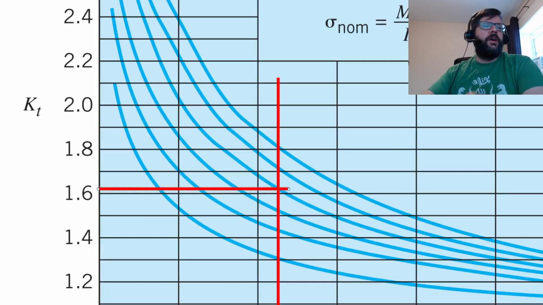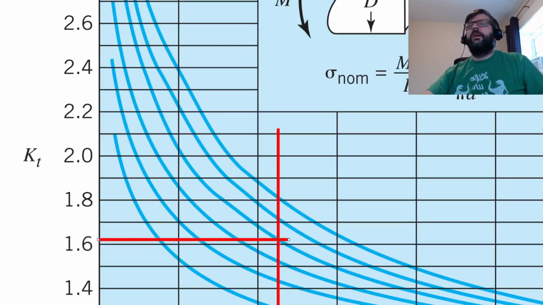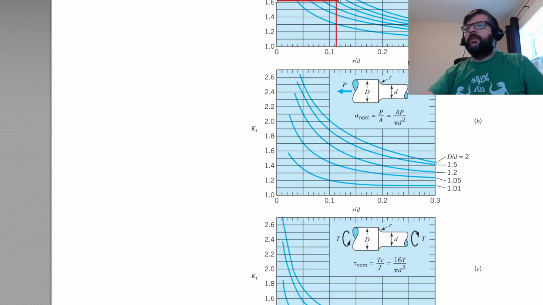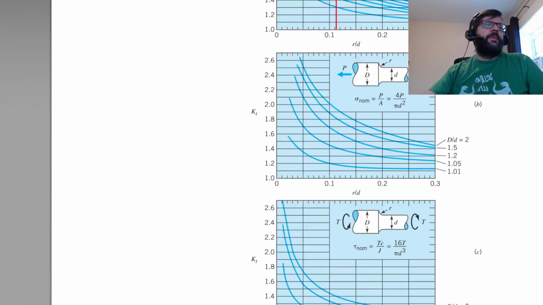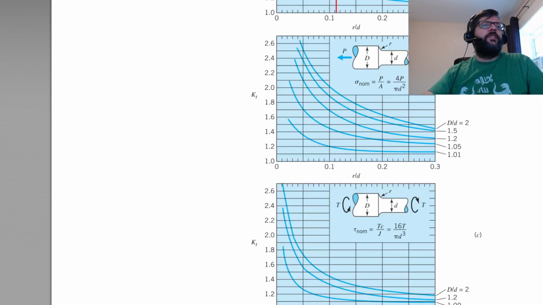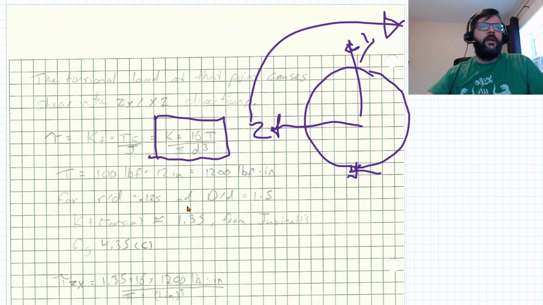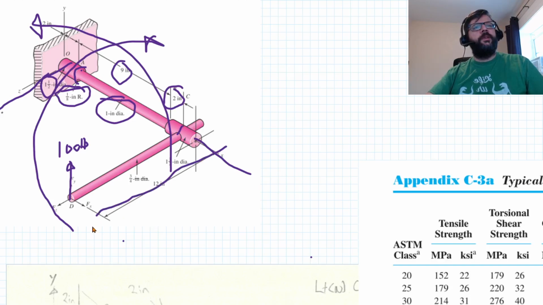One thing that's helpful is that these stress concentration charts in Juvinall give the nominal values, so you don't need to bother looking everything up or remembering the formula. It's already just in terms of the load and the diameter. So 16T over pi d cubed. Our torque there is 100 pounds times the 12 inches, so that's this 12 inches right here.